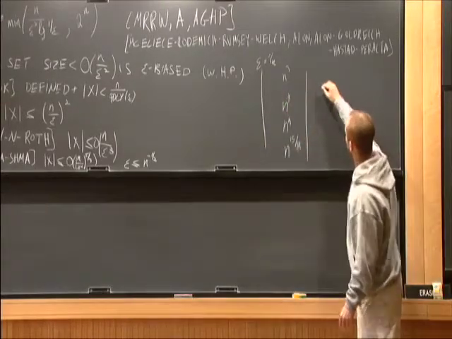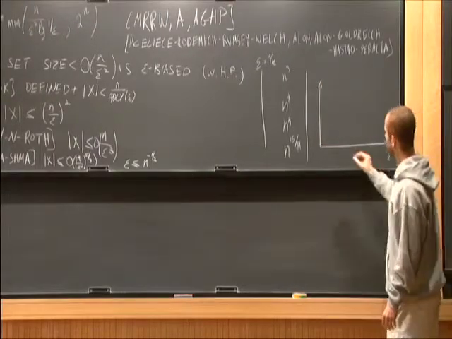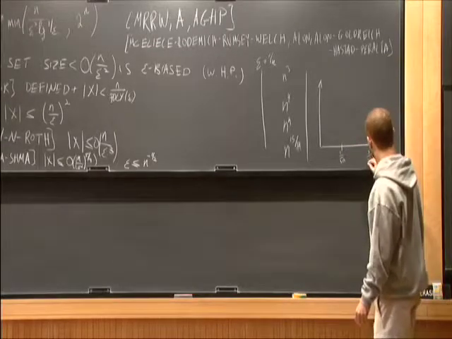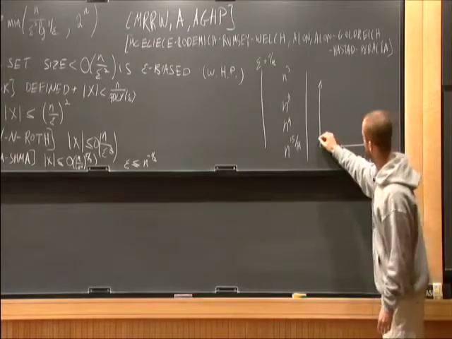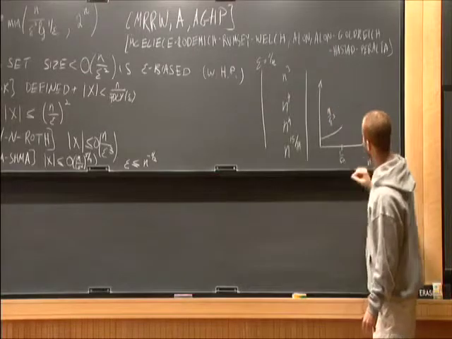And in general, how does it look like? If this is epsilon, then there is 1 over square root of n and 1 over n to the 1.5. In this region, this goes like n over epsilon to the 3.